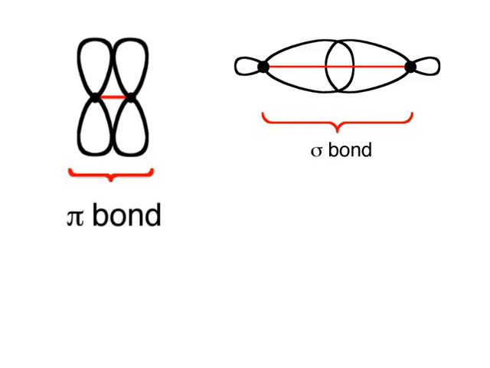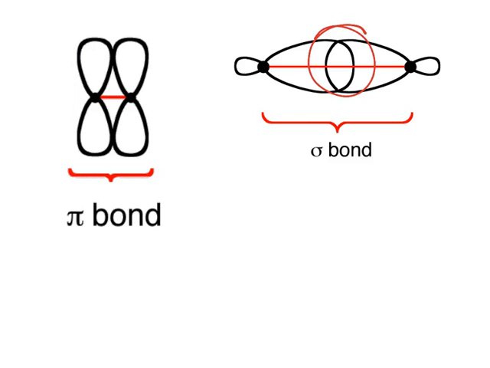You can see that in the sigma bond there's no fusing between the two atoms. There's no overlapping between them. They're just parallel to each other. It's like two sticks.